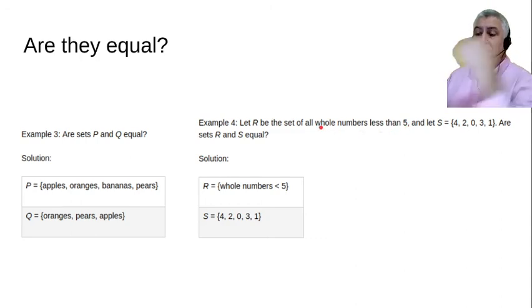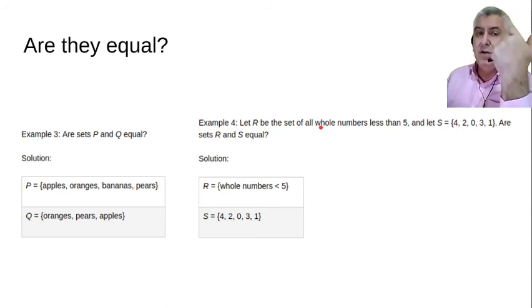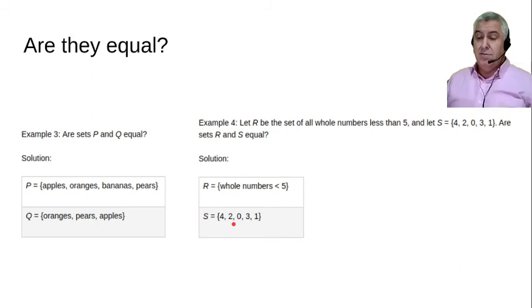So whole numbers less than 5 are 0, 1, 2, 3, 4. So there are 5 elements. Do we have 5 elements here? Yes, we do. And is it 0, 1, 2, 3, and 4? Yes, it is. So these two are equal, even though this one is the description and this one is the roster notation.